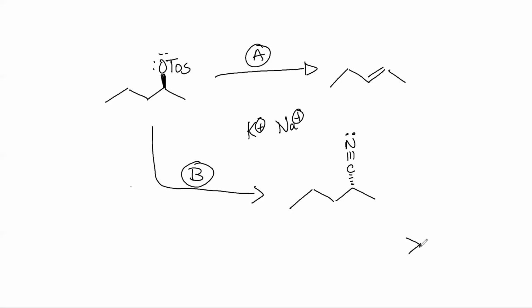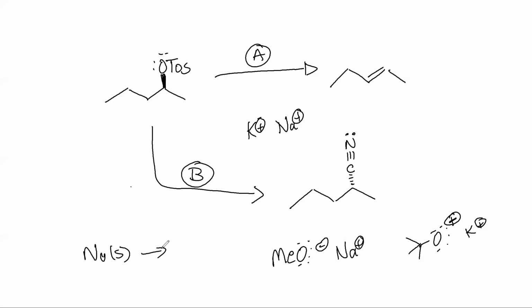It just so turns out that tert-butoxide is sold commercially with potassium as the counter ion, but methoxide is typically made with sodium as the counter ion, because you can take sodium metal and dissolve it in, say, methanol, and that's going to generate sodium methoxide.